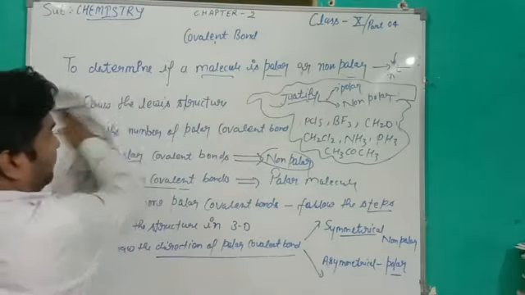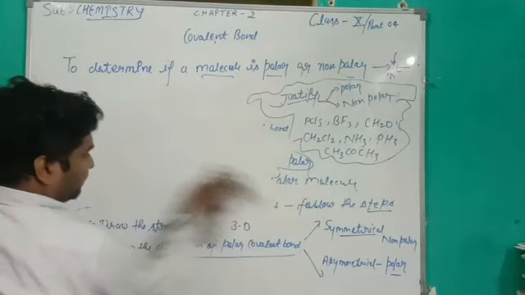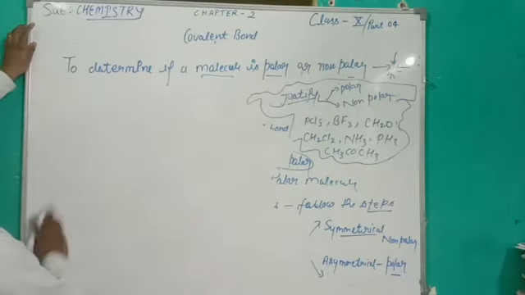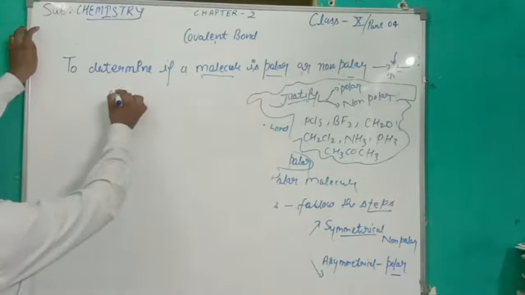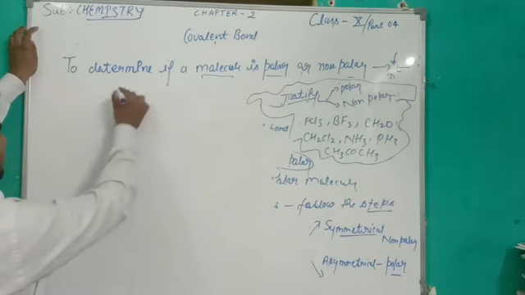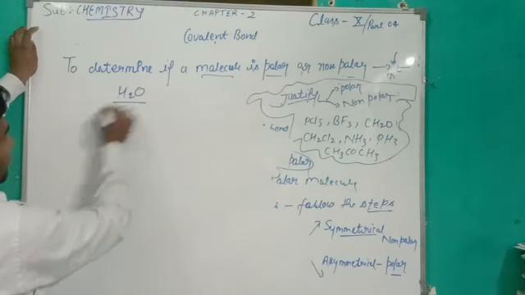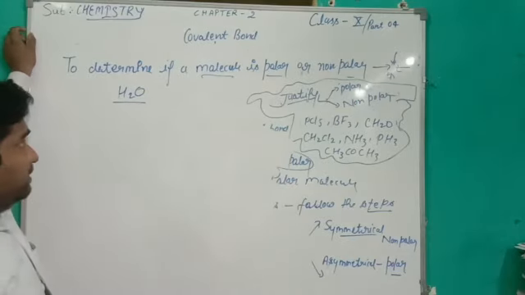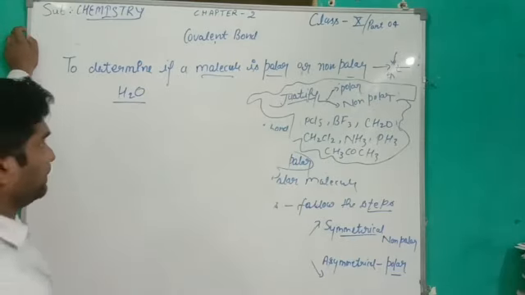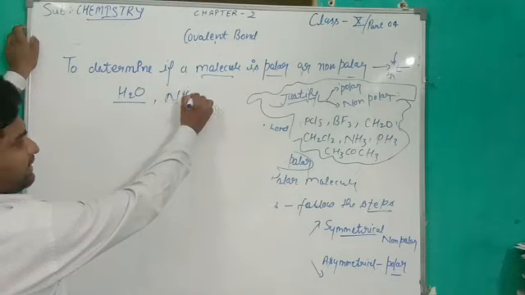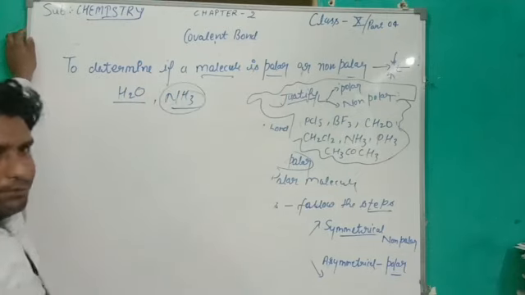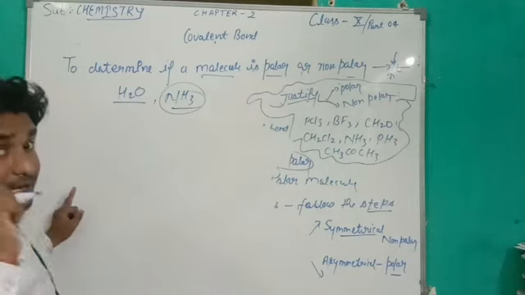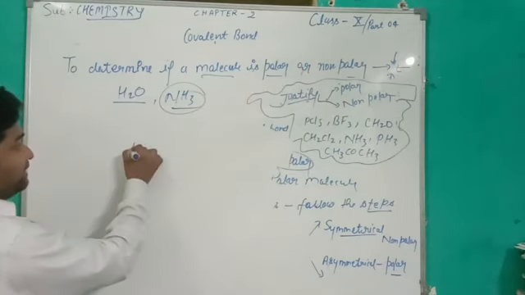Take an example. Suppose CH4 or the water molecule. In the water molecule, we already discussed it in the previous video. Take another example. Suppose we take NH3, the ammonia molecule. First step, draw the Lewis dot structure in 3 dimensions.